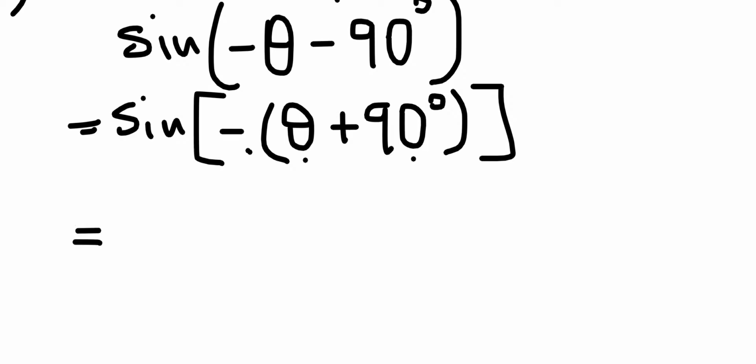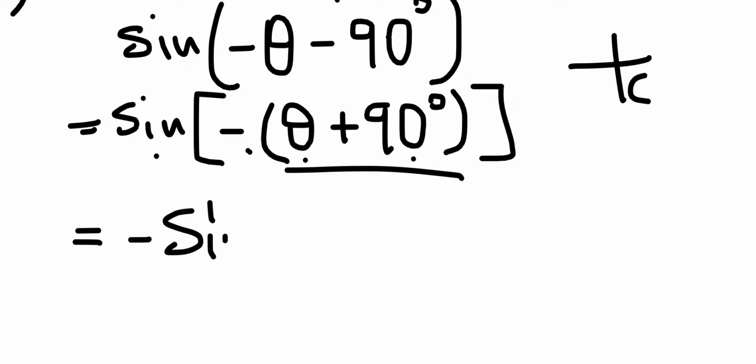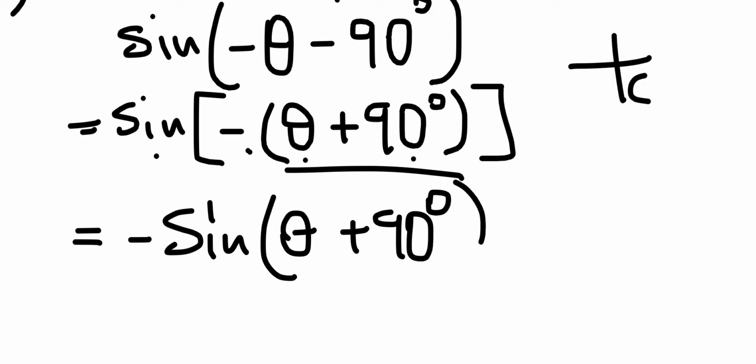Most importantly, again, it is the same as sine of a negative angle there. Just interpret it that way. And what did I say? If you have a negative angle, we assume it to fall in the fourth quadrant, in quadrant number 4, whereby it's cos which is positive. So that means this one is the same as negative sine of theta plus 90 degrees.